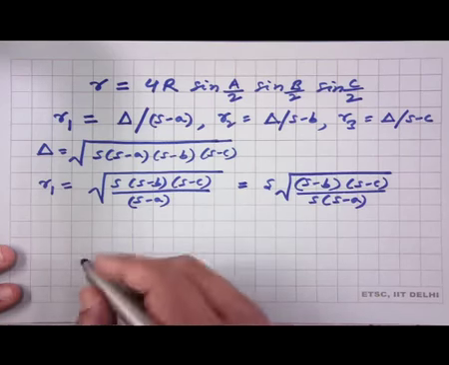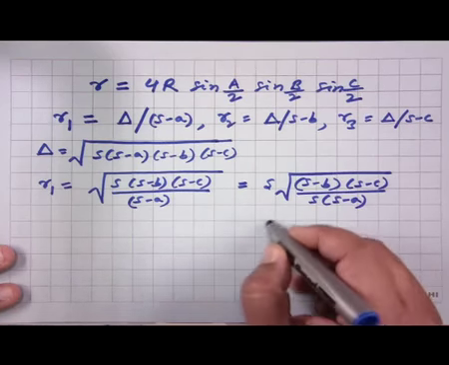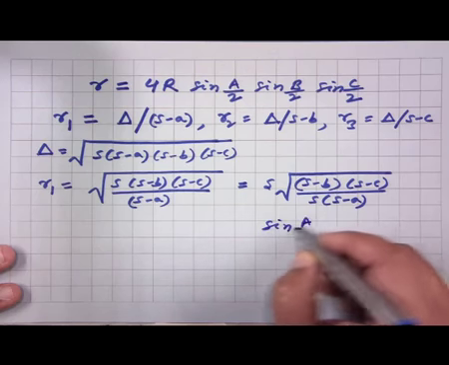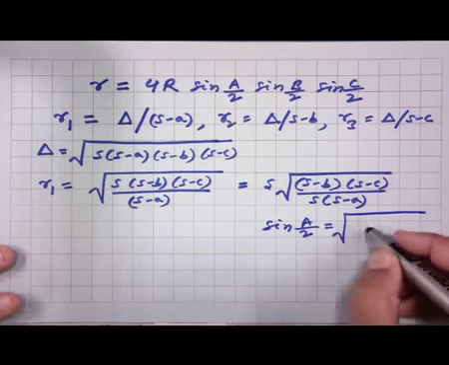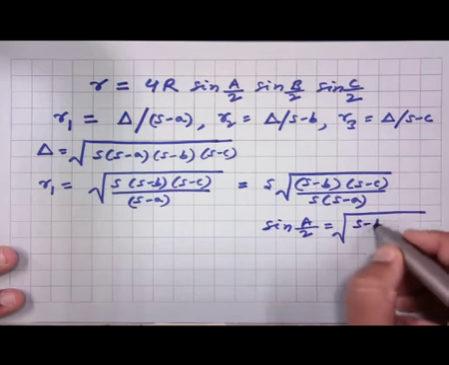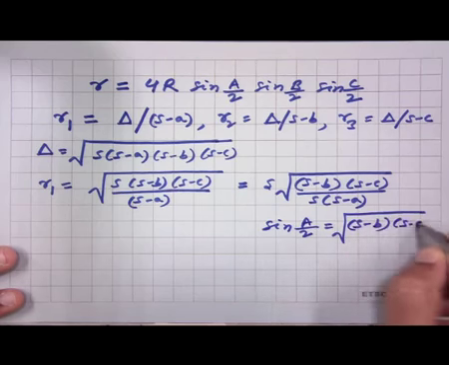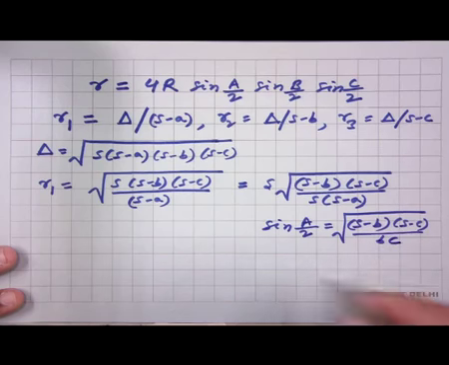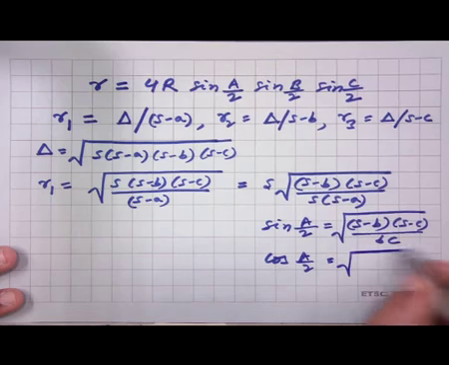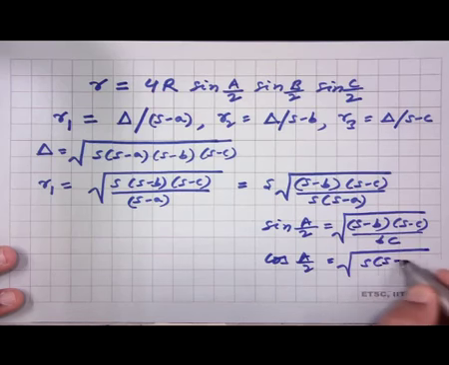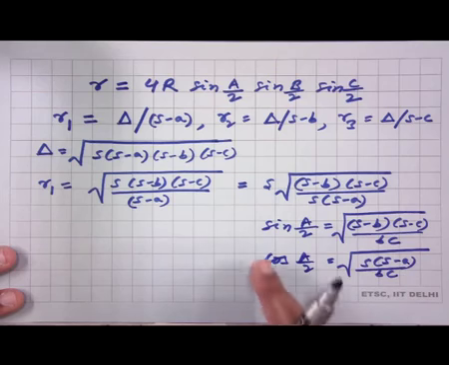Again, from the previous lectures, we know that sine of the half angle of A is equal to the square root of (S minus B)(S minus C) over BC, and the cosine of half angle A is equal to the square root of S(S minus A) over BC.